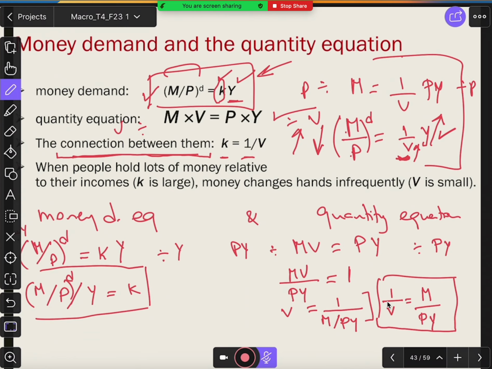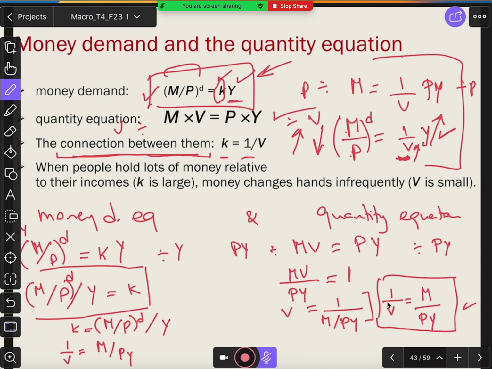So I want you to think about it like this: from here we're getting that k is equal to m over p to the power d, which is the demand, everything divided by y. And from here we're getting that 1 over v is equal to m over py.